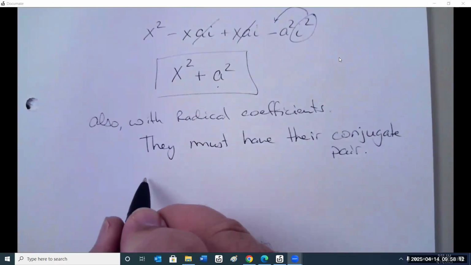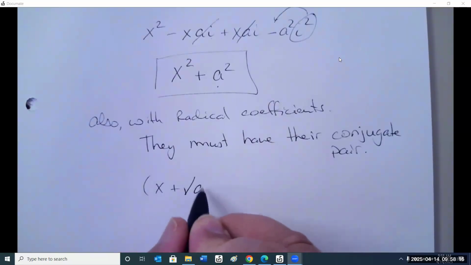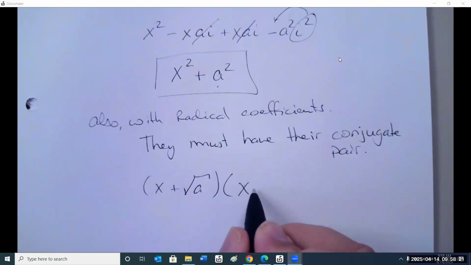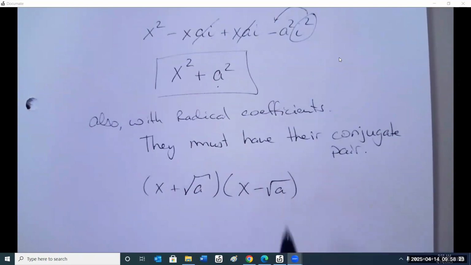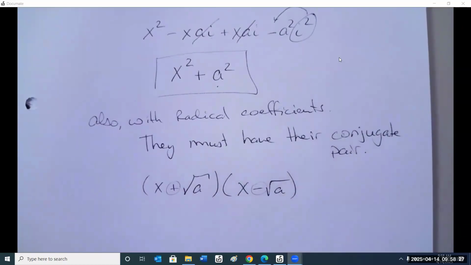In other words, if I had x plus square root of a, then I automatically have to have x minus the square root of a. This is what makes it conjugate. It's just the sign between them that changes.